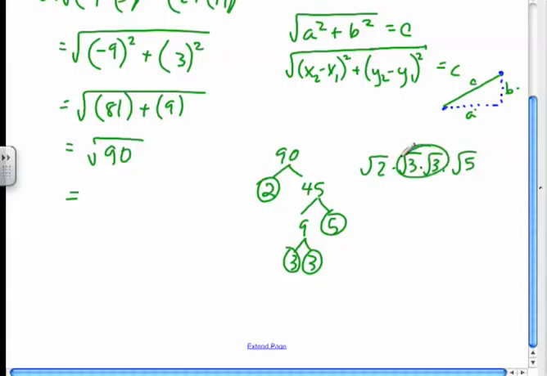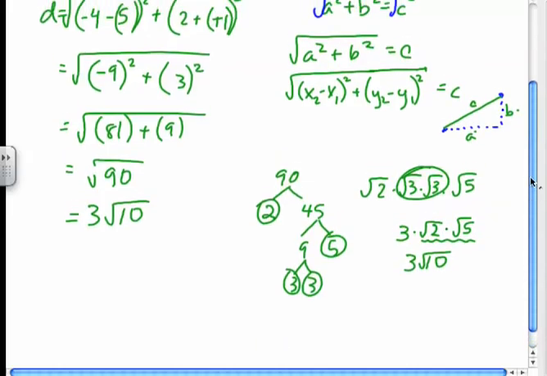I've got a pair here, so that's going to give me 3 times root 2 times root 5. And I always multiply the things that I can. I can't multiply the 3 times anything because the other stuff is just radicals, but I can multiply these two, and I get 3 root 10. So the distance between those 2 points is 3 times the square root of 10.